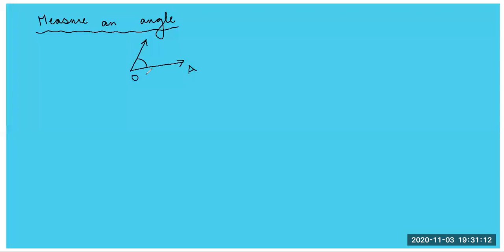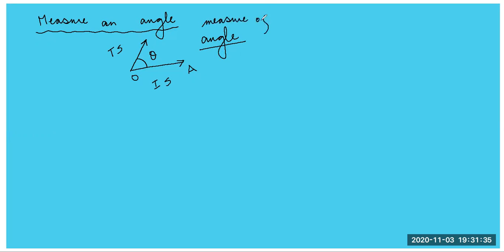Amount of rotation from initial side to the terminal side, this amount of rotation is known as angle, right? So, this is the measure of an angle also.